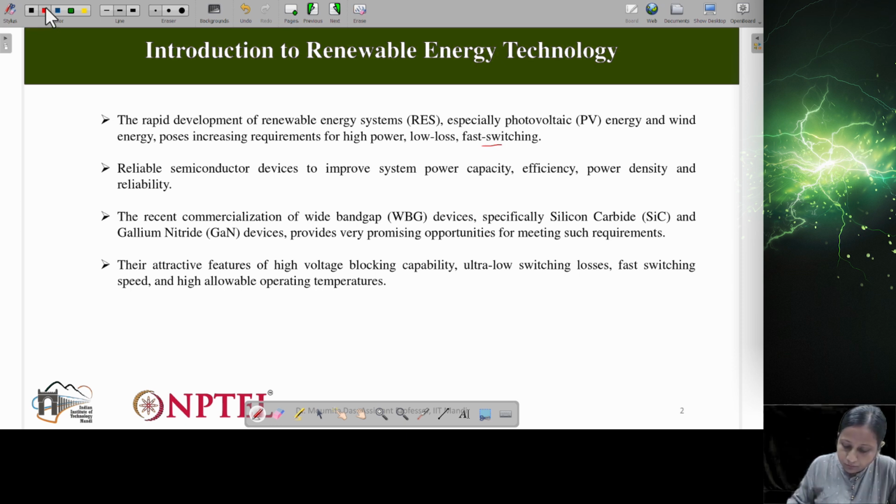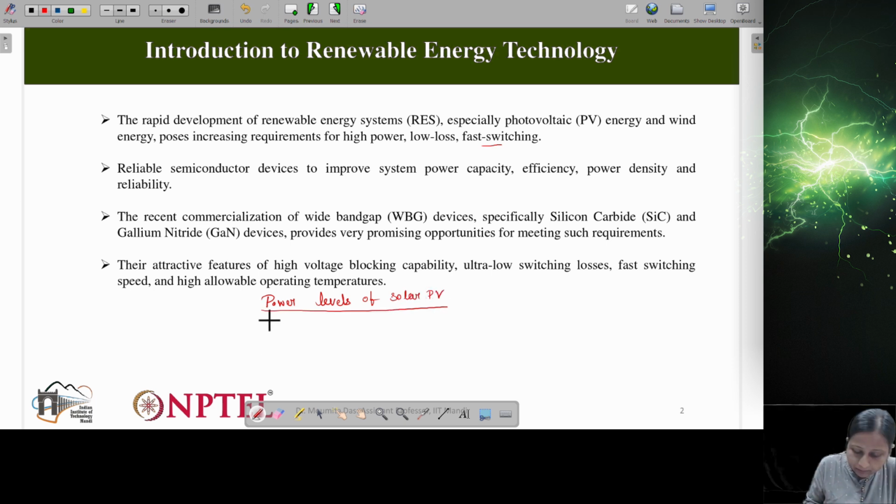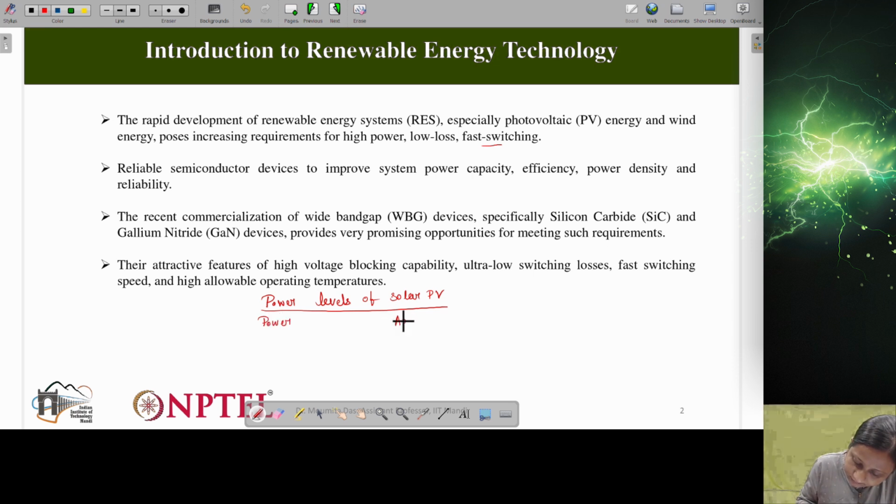So let's classify the power levels and the applications where we need this kind of power level.